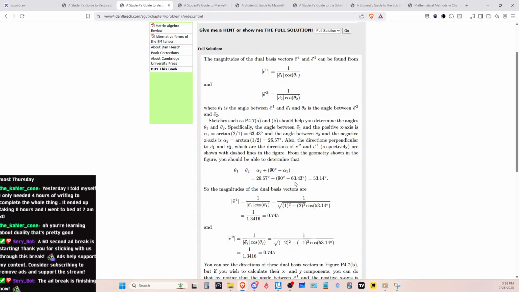I guess you gotta use the basis vectors to help you get to the angle here.